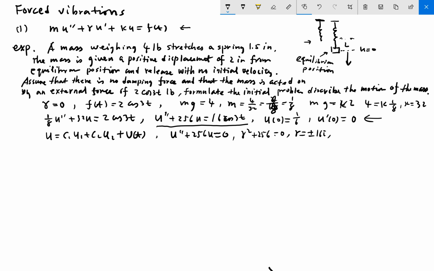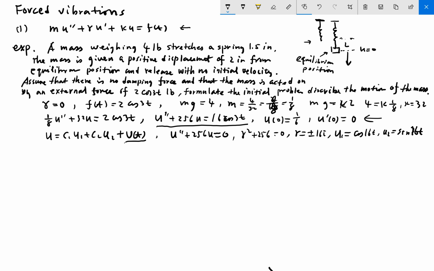So we got u1 equal to cosine 16t, and u2 is sine 16t. Next, we need to find this particular solution. Again, capital U sub t is not really something specific, just a solution.